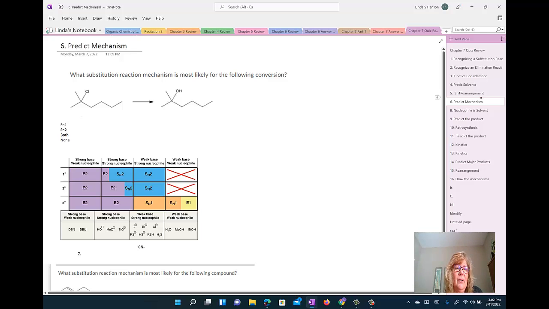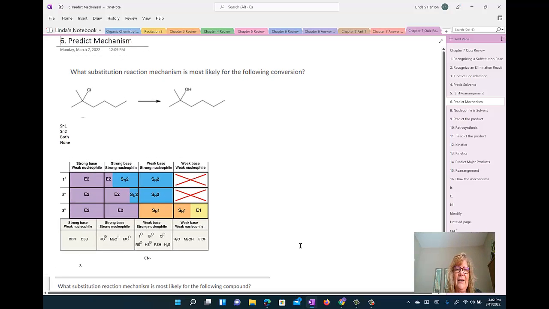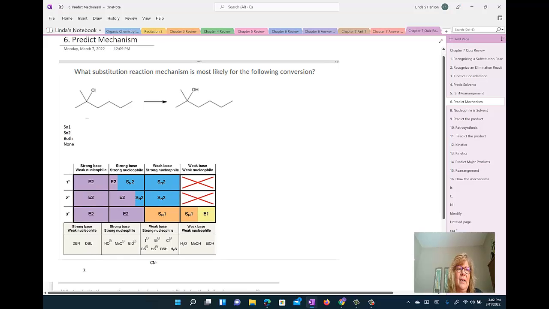Number 6 reads, what substitution reaction mechanism is most likely for the following conversion? I see a 1, 2, 3, 4, 5, 6 carbon chain. On carbon number 2 is a methyl group and a halogen, a leaving group. On carbon number 2, on the product side, I see that the chlorine has been substituted into a hydroxide.